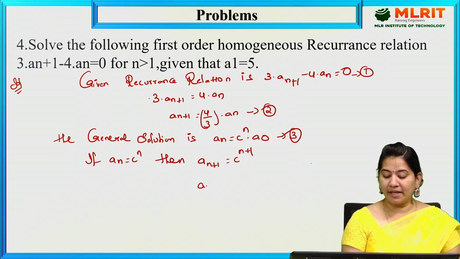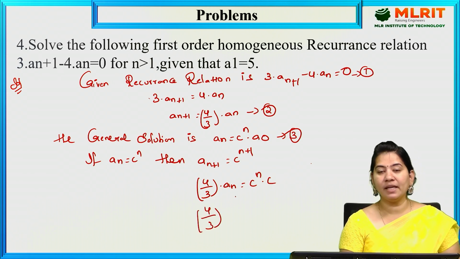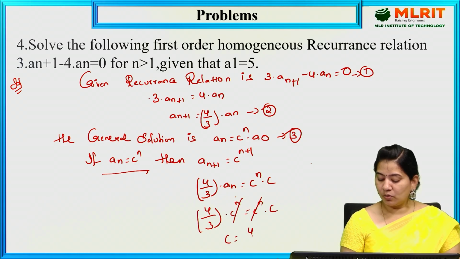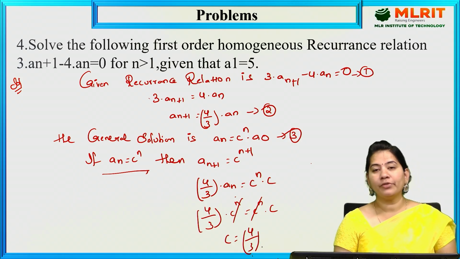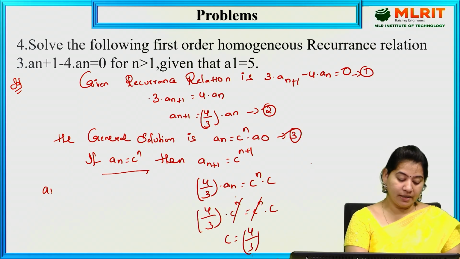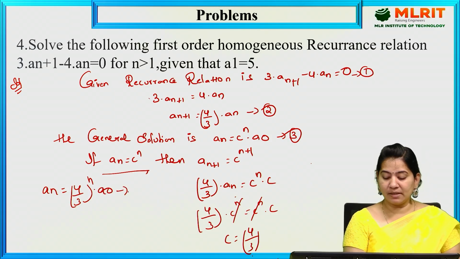So an plus 1 is 4 by 3 into an, so c power n into c is equal to 4 by 3 into c power n, which is nothing but c is equal to 4 by 3. Now substitute this 4 by 3 in equation 3. Then you will get an is equal to 4 by 3 whole power n into a naught. Let us consider this as equation 4.